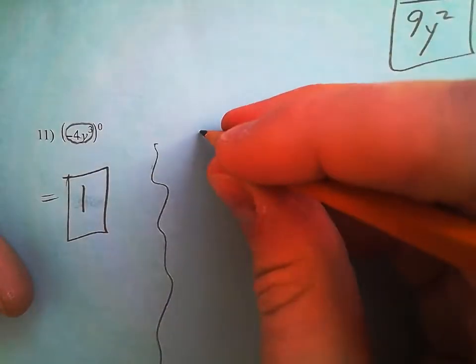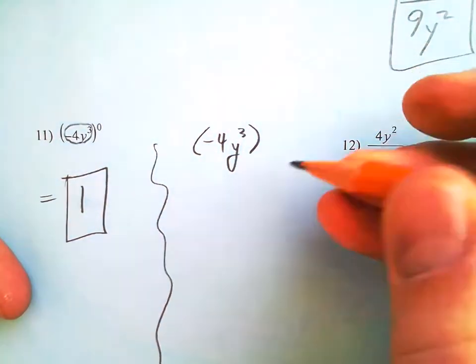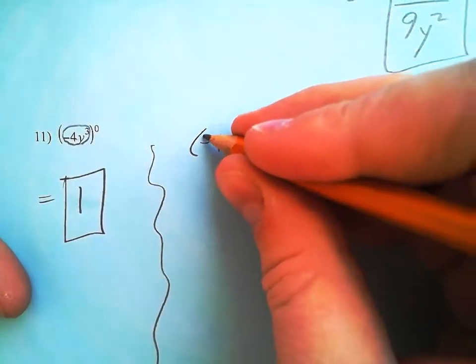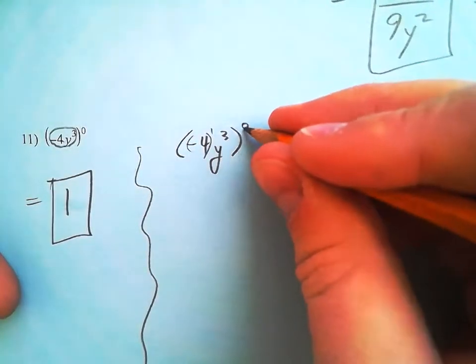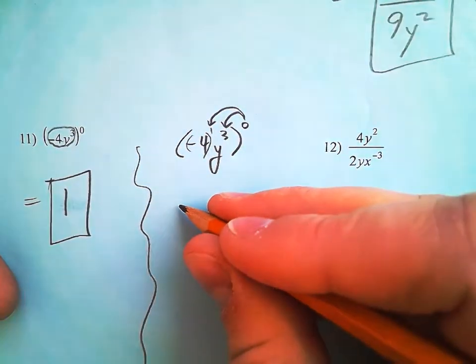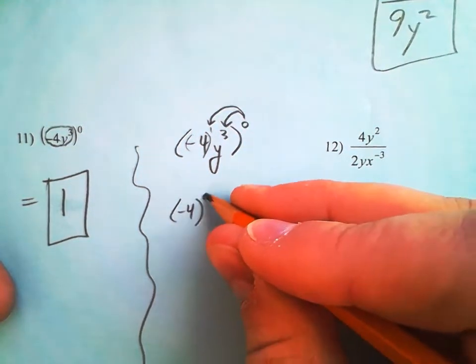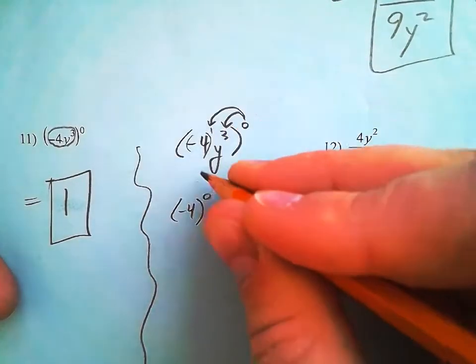Or you could do it the long way if you really want to. Say, oh, that's negative 4 to the first power. And so I'm going to do the power property and say it's negative 4 to the 0 times y to the 3 times 0, which is 0.